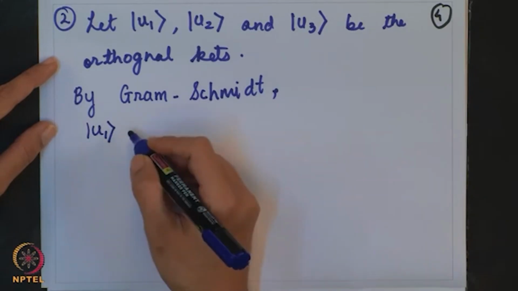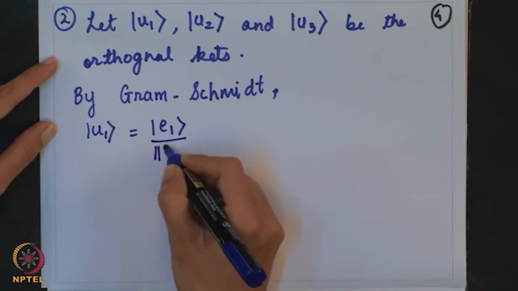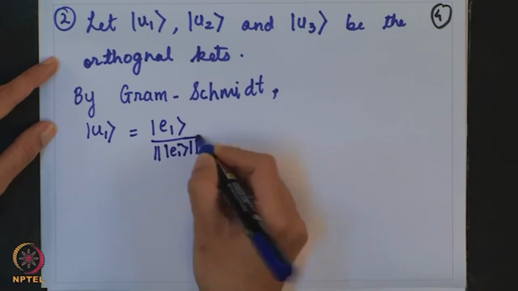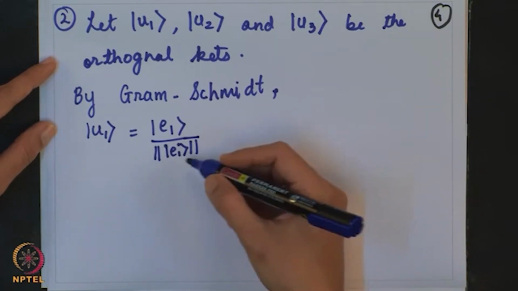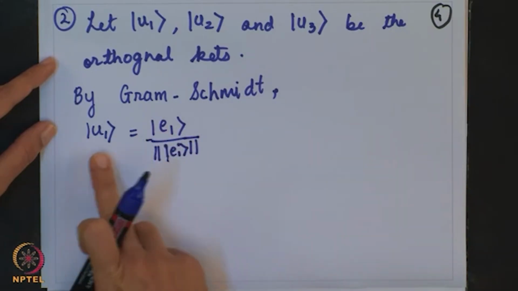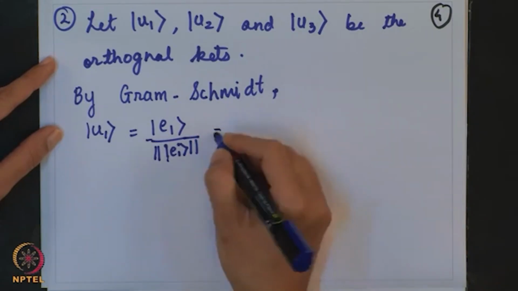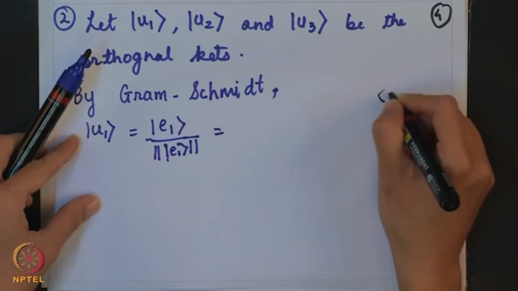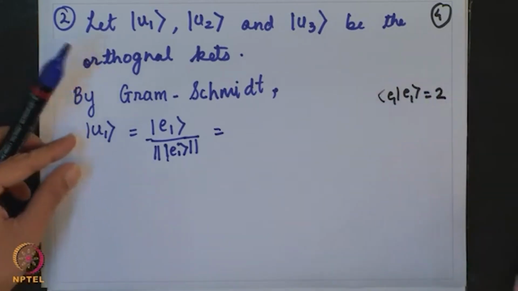So I start by writing U1 as E1 over norm of E1. Okay. So we have calculated the norm. We have seen already what is the norm of a vector. Okay. So now I have started with U1 in terms of the eigenket E1. So this will be simply, now we are given that E1 on E1 is nothing but 2.